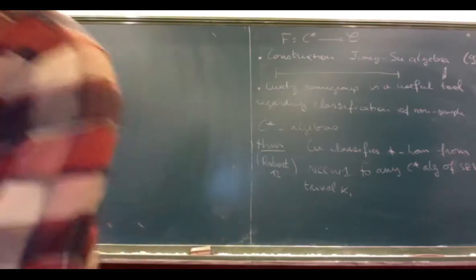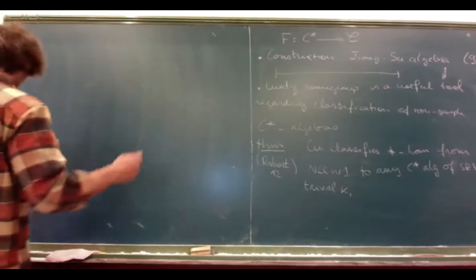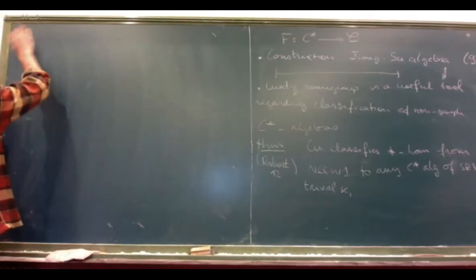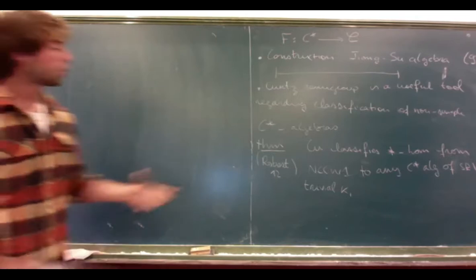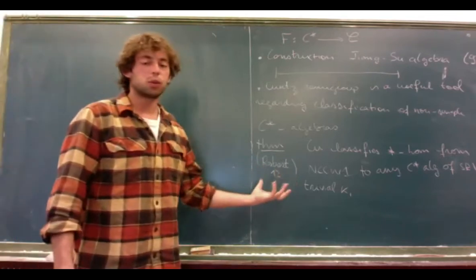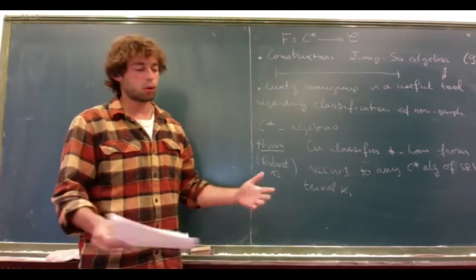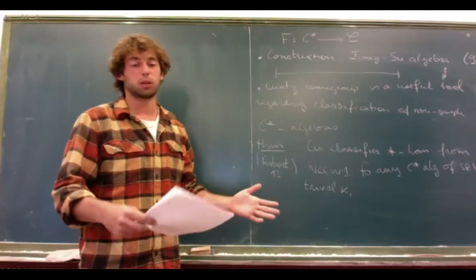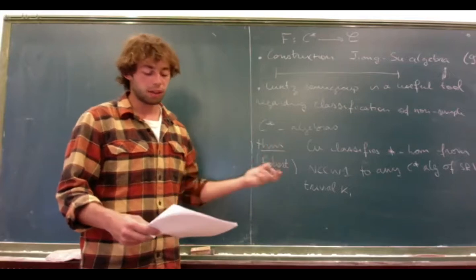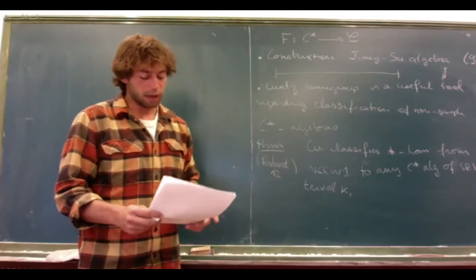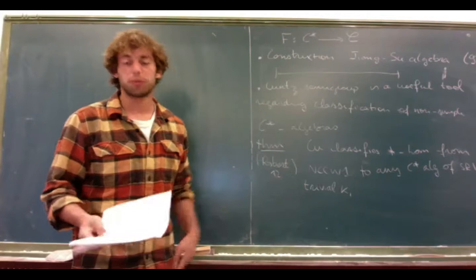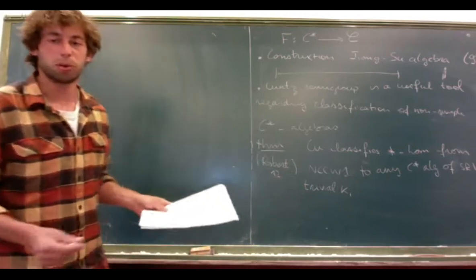Okay. So let me first define. I will not get into the Cuntz semigroup of C-star algebras per se. I will work with abstract Cuntz semigroups. So I will define those, and I will still recall what the Cuntz semigroup of a C-star algebra is, but this is not the main point of the talk.